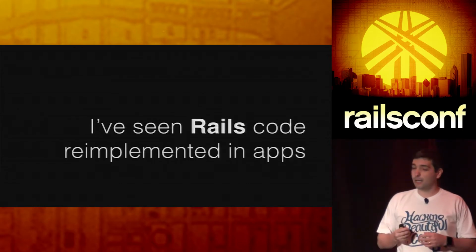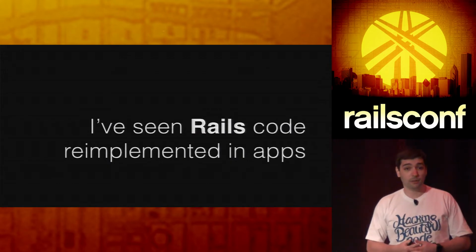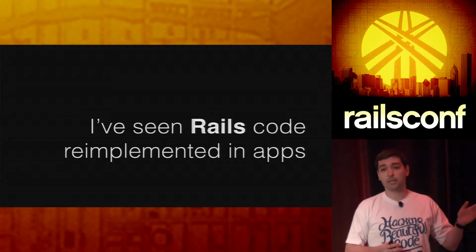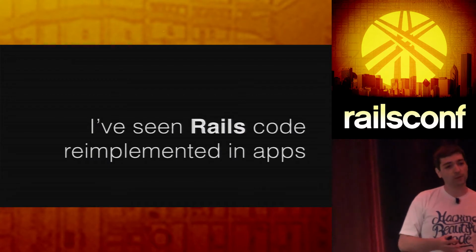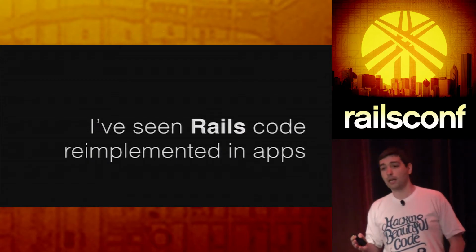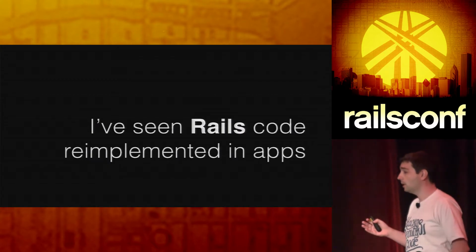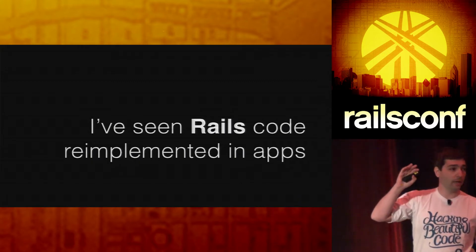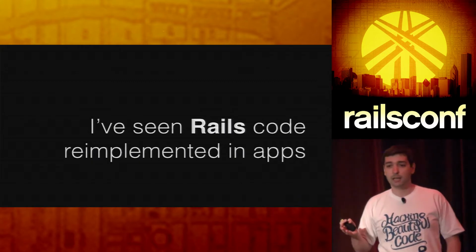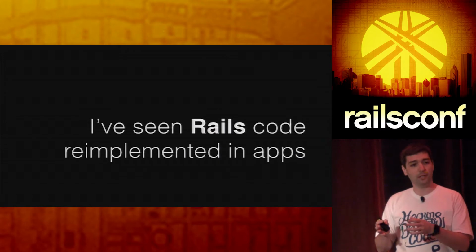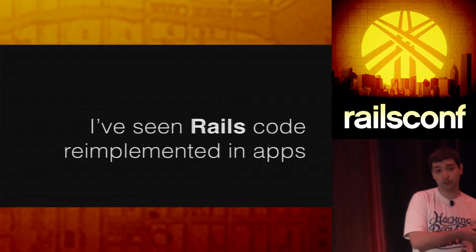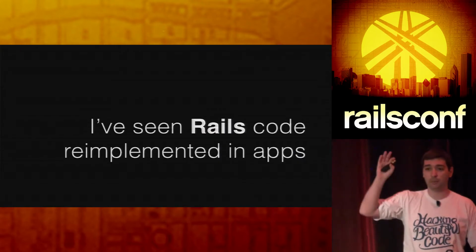And what makes me really sad is when I see this type of duplication, when I see Rails features implemented in application code. Has anyone ever seen some feature in your application that could be replaced with an existing Rails feature? Anyone?